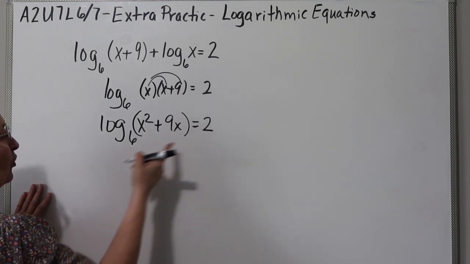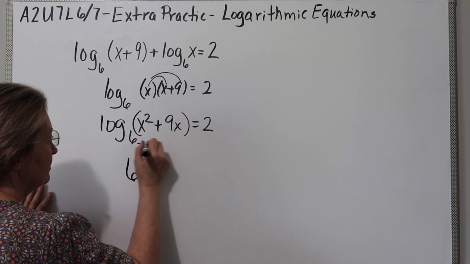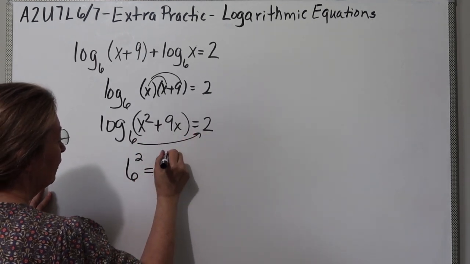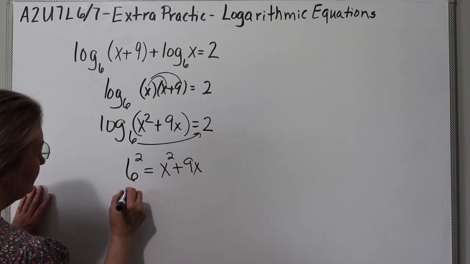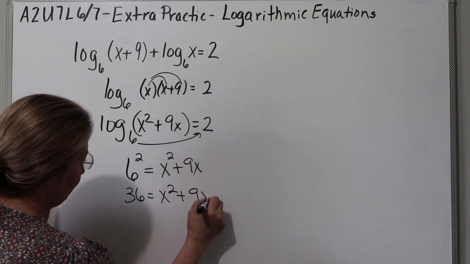Then I'm ready for my exponential conversion. Here's my base, so I have 6 to the exponent 2 equals my argument x squared plus 9x. Alright, this is 36 equals x squared plus 9x.